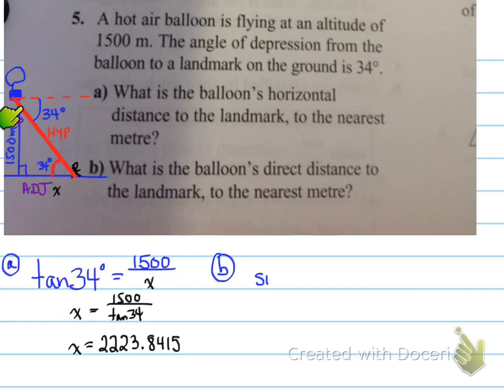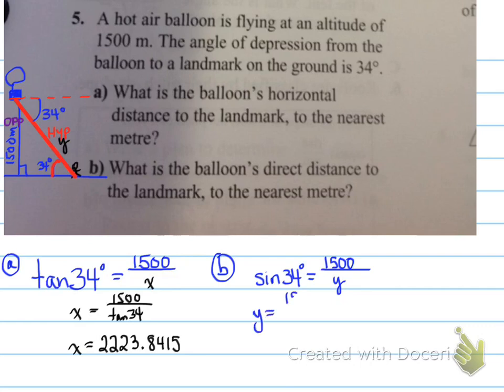All right, next, we need to know the direct distance. That would be this value right here, the hypotenuse. So what ratio are we going to use? Well, we always use what's given, opposite over the hypotenuse, which is what we're looking for. I recommend you use that because, just in case you made a mistake on the adjacent, if you don't use this value again, then you don't have to worry about a mistake that you might have made. So sine 34 is equal to 1500 over the hypotenuse, which is now y. We're calling it y now.